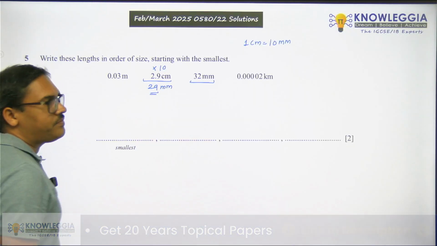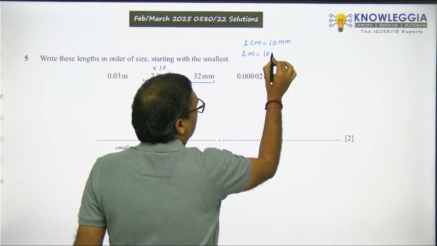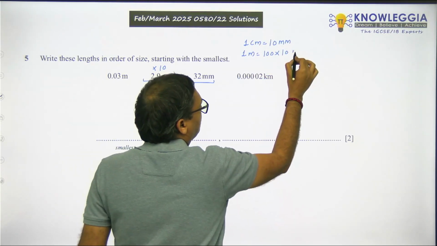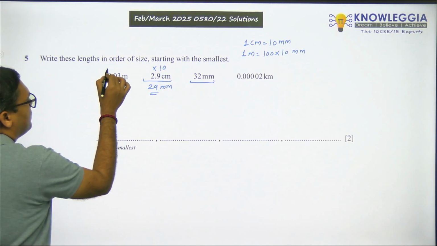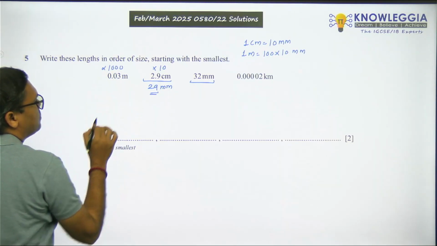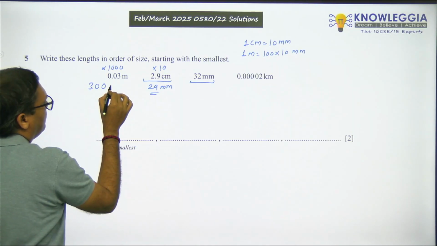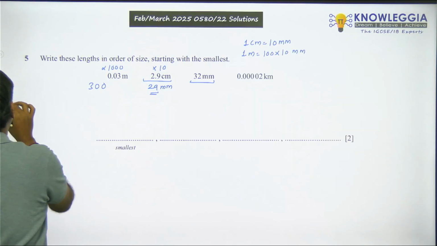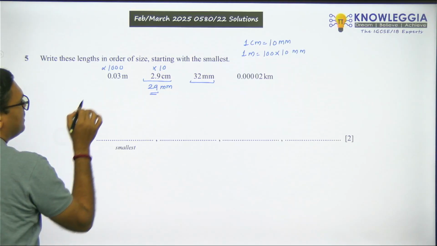Correct? Now, we know 1 meter is 100 centimeter and 1 centimeter is 10 mm. So this is 1000 mm. So I'll multiply this with 1000. So basically what we are trying to do is, I just convert this.